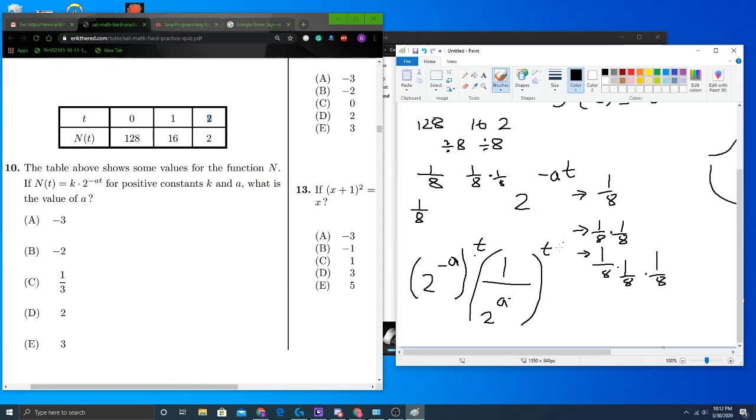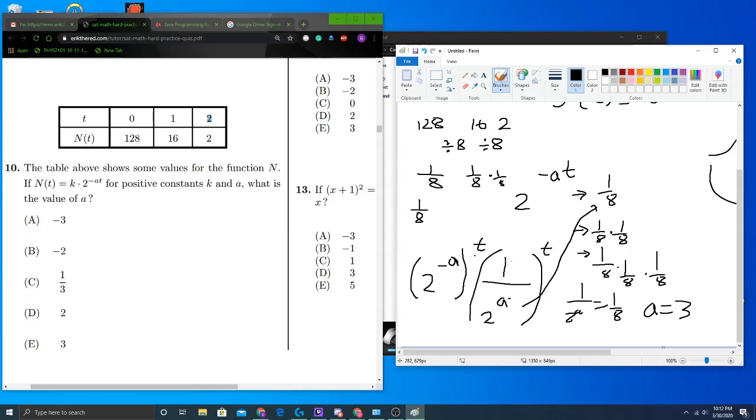So we have to see this pattern. For the first one, you're just having 1/8. For the second one, you're going to have 1/8 times 1/8. So whatever is in here has to equal this: 1 over 2 to the a is equal to 1/8. That means a has to equal 3. We'll go over it again.